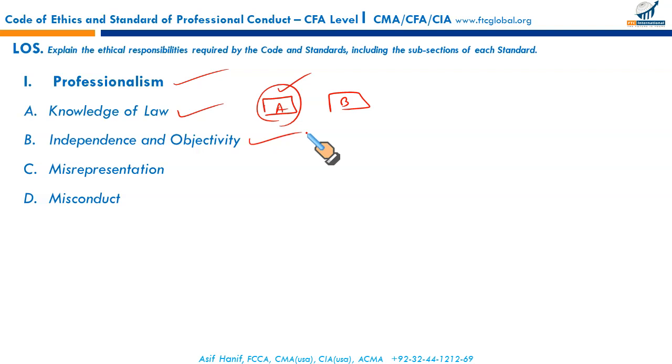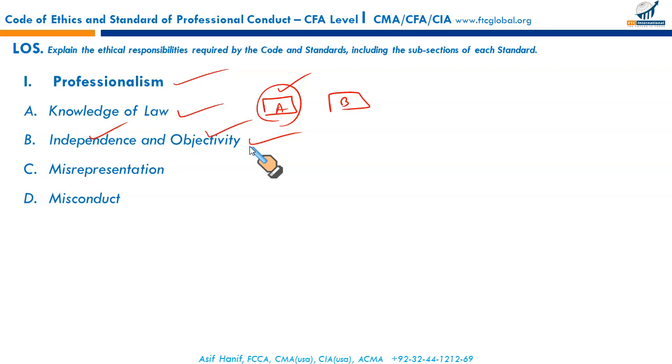Next, independence and objectivity. You, and when I say you, means members and candidates, you must use reasonable care and judgment to achieve and maintain independence and objectivity. And maybe during the course of your work, you might be offered some gift, benefit, some compensation, some consideration, or you might solicit some gift, benefit, compensation, or consideration.